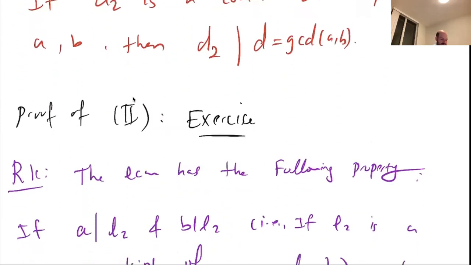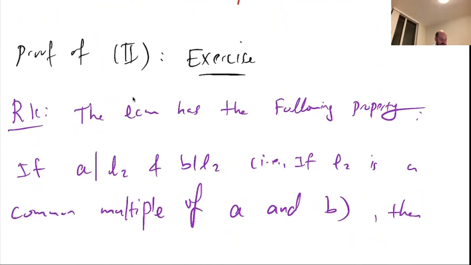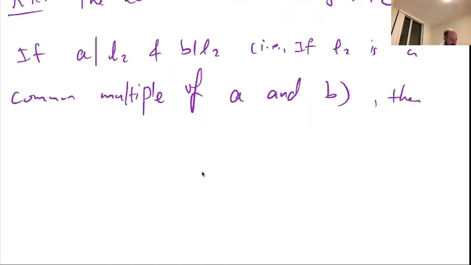Now, what do you think the corresponding version would be for LCM? For LCM, instead of having D2, which was a common divisor, here we have L2, which is a common multiple. And a common multiple of A and B means A divides L2 and B divides L2. Then what can I say? Then L, the least common multiple, will divide L2.